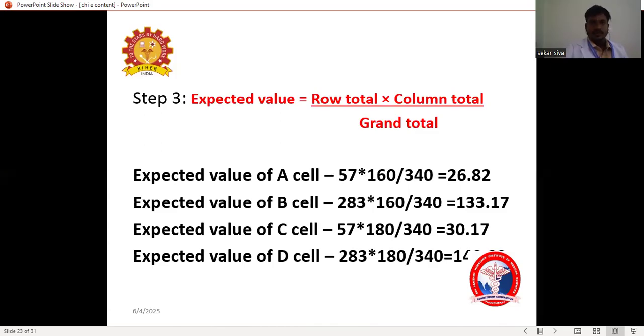For finding an expected value: row total into column total divided by grand total.